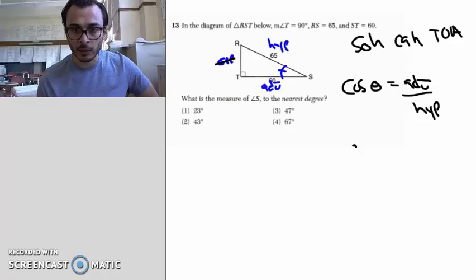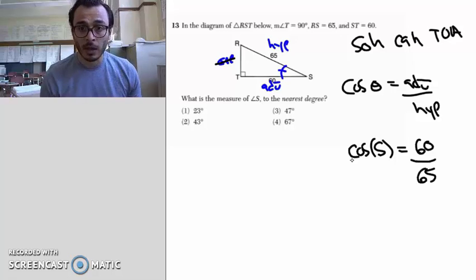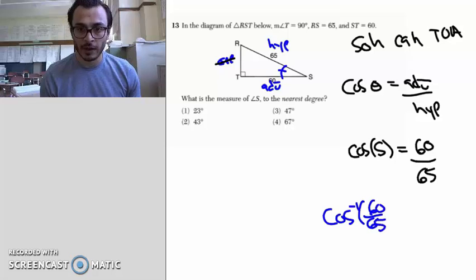So I will get the cosine of angle S equals 60 over 65. So now I've got to solve for S, so that means I need to do the opposite of cosine. So I need to do inverse cosine of 60 over 65 to get angle S.